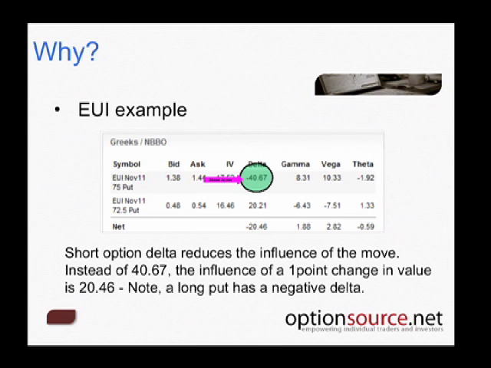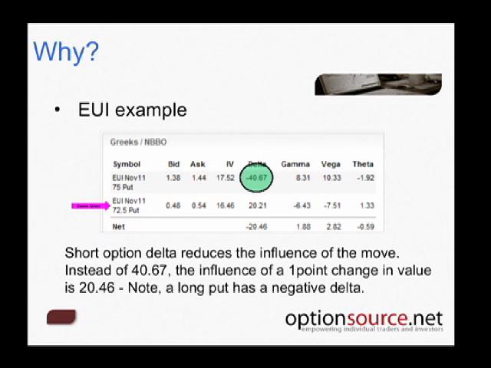What I mean by that, if we take a look at the EUI once again, you'll see that the put option, and incidentally, the put option deltas are always going to be negative, is suggesting that for every 1 point drop in the EUI, our put option should increase 40 cents, so almost 41 cents.